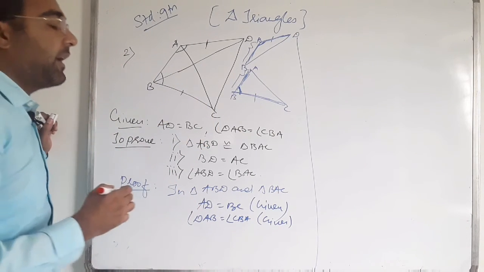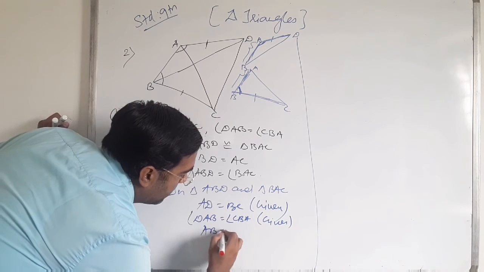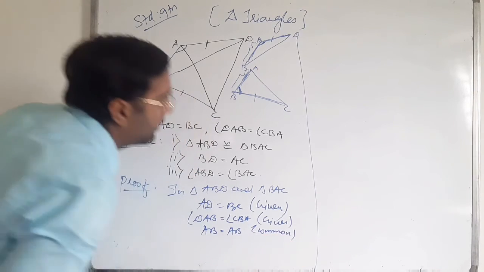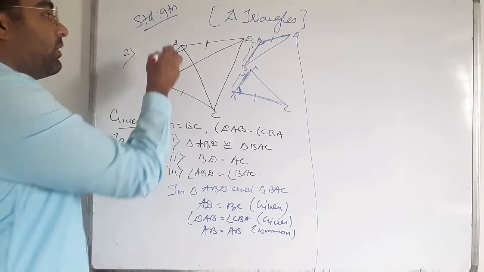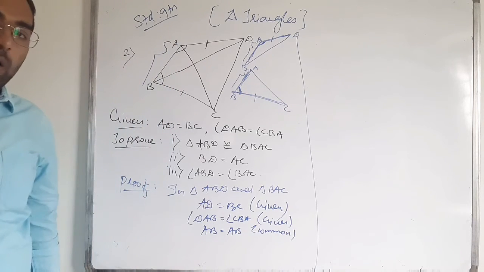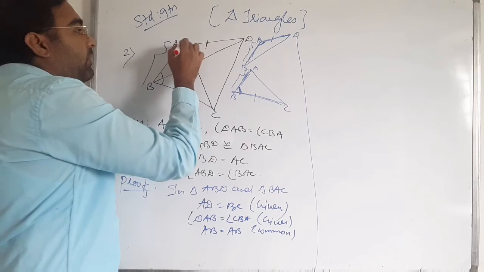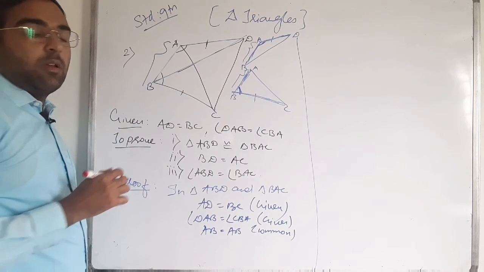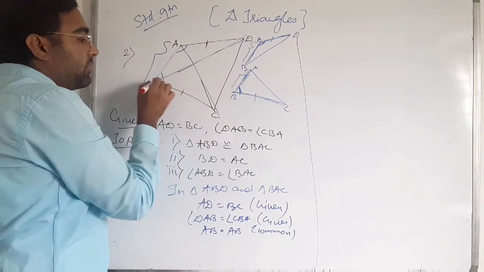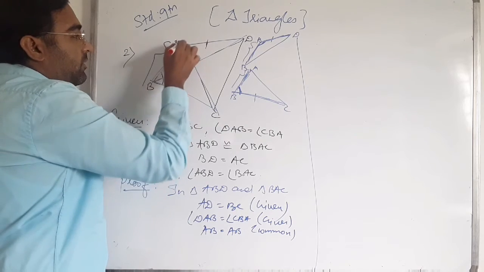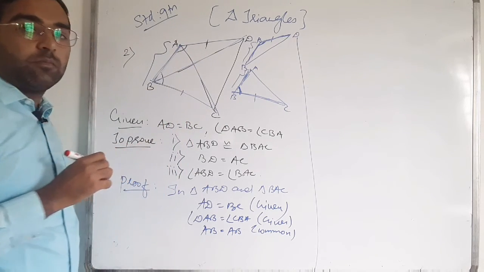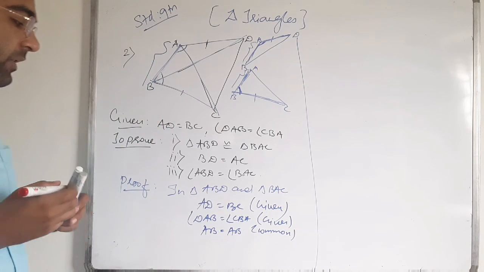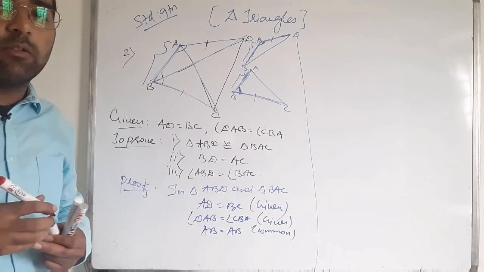And the third side AB is common to both triangles in the quadrilateral. One triangle is this, and the second triangle is this. AB is common in both of them, so we write AB is equal to AB.